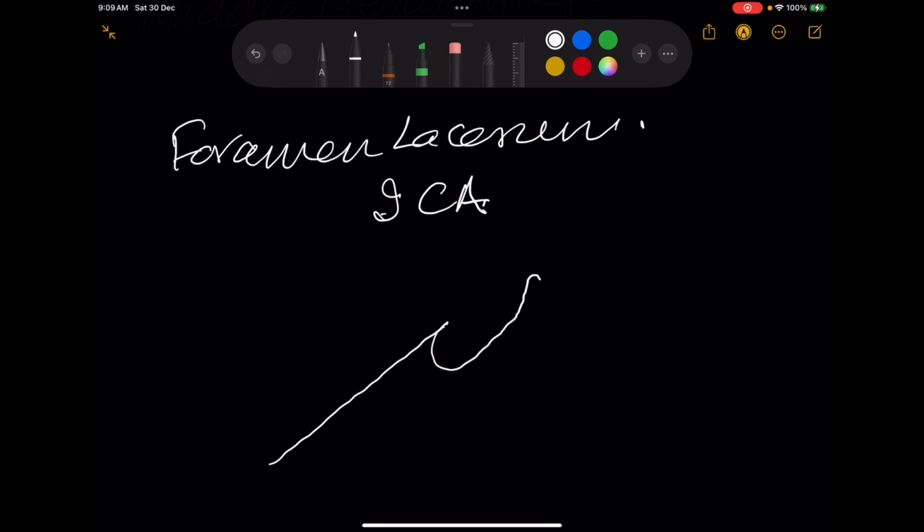This is the posterior clinoid process. This is the petrous temporal bone. Here we have a ligament which is called the petrosphenoid ligament of Gruber. And here you can understand what the cavernous sinus is, seen from behind.